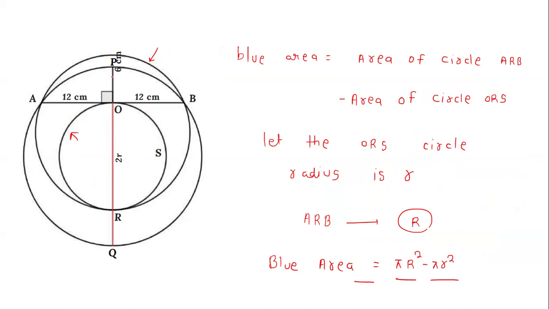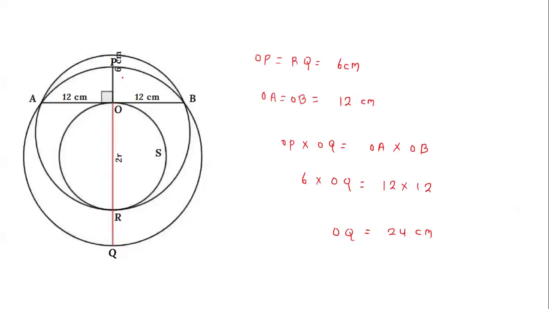Now you see in the figure it is given that this OP is 6 centimeter. So this OQ is also 6 centimeter, because this circle and this circle are concentric circles. Let's say this is the center of both circles, and you see upper is 6, so lower is also 6 because of symmetry.